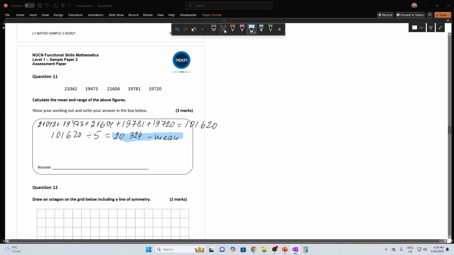So how do I find the range? I need to take the bigger number and take away the smaller number. My bigger number is 21,604. My smaller number is 19,473.